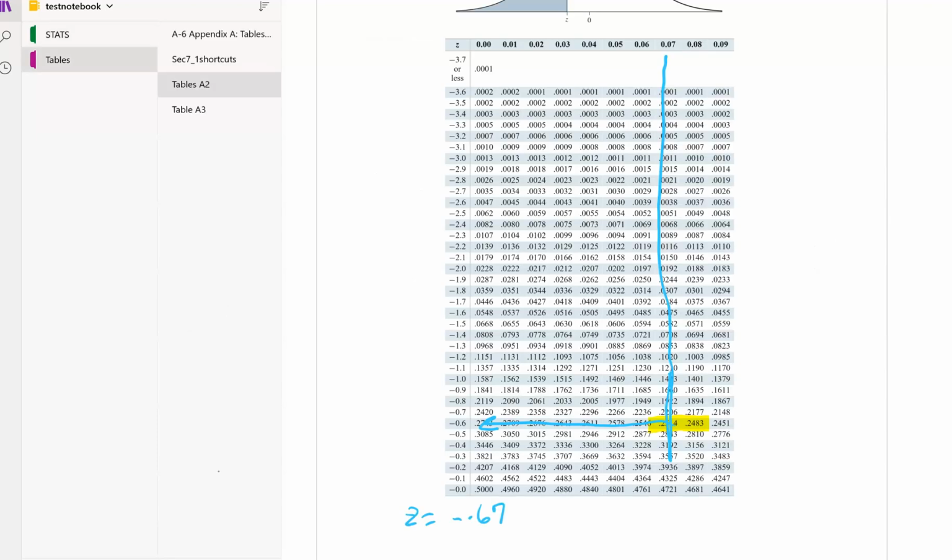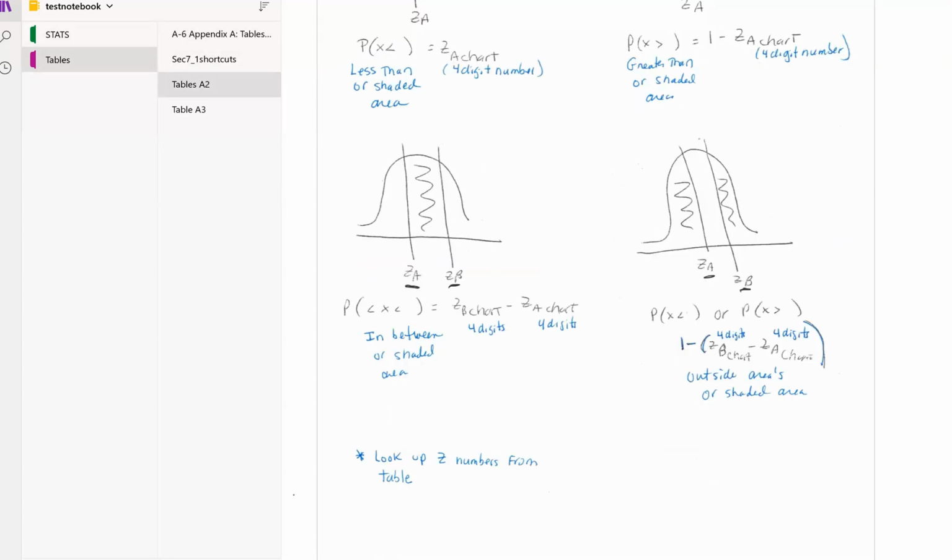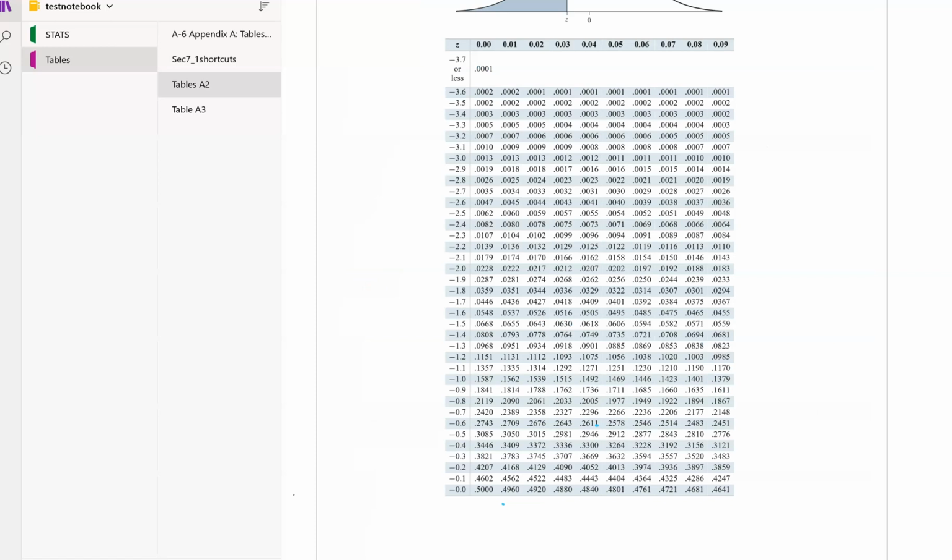So I go to my tables and I'm going to look up 0.1600. Let me rewrite that. Not negative, it's a point. So I go to the tables and I want to find 0.16.